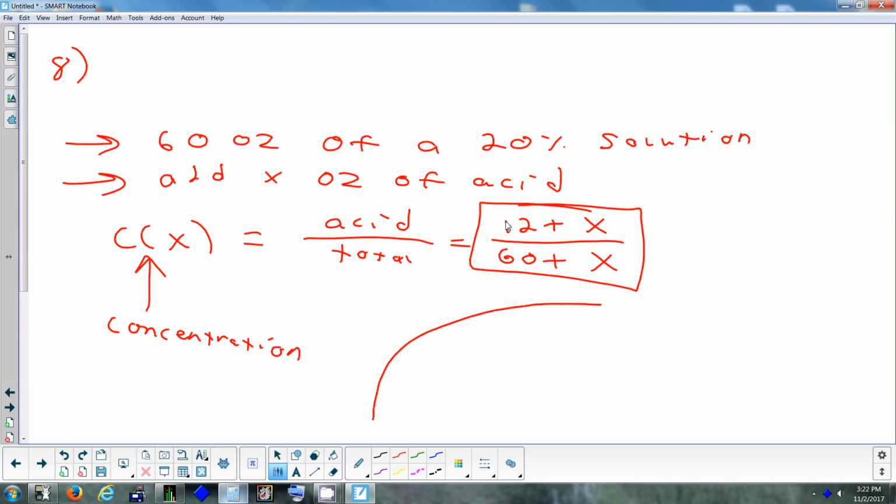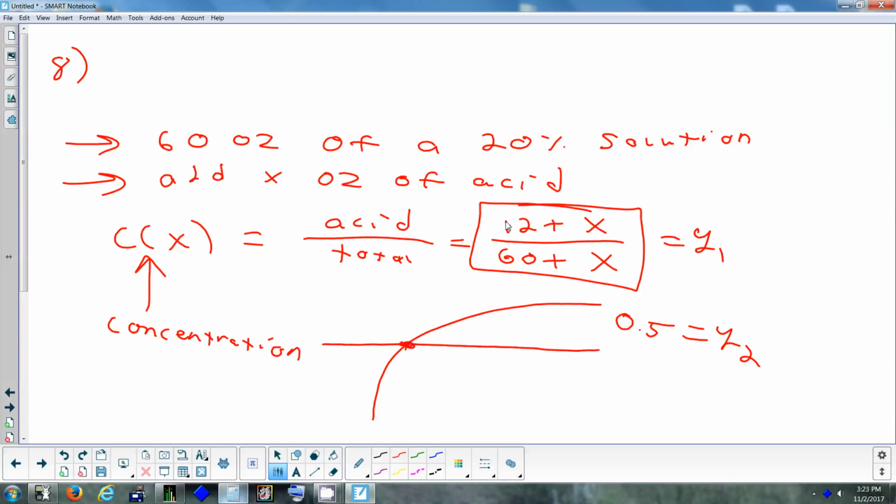On Y1, you plug in that. And then on Y2, well, you can't plug in 50. You'd have to plug in 0.5. If you do that, you're going to get a picture that looks like this. Wherever they cross, you find the intersect. And that would be the answer.